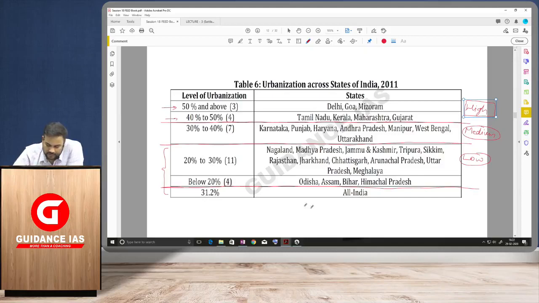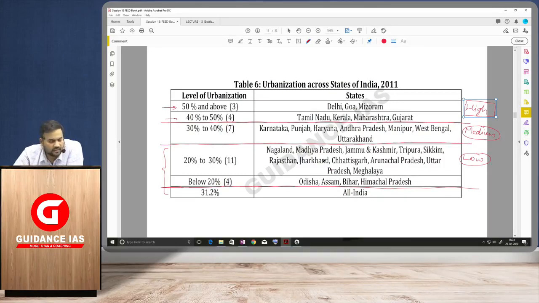On the other hand, lower state categories में देखें. So what is the situation of lower categories? These are mainly rural societies, underdeveloped EAG states, backward states of India, where the level of industrialization and development has been slower. So what is happening in case of opportunities in the cities in them? It is low. Economic or employment opportunities in the cities in them have been low. First category of states ने क्या किया है? ज़्यादा investment attract किया है.